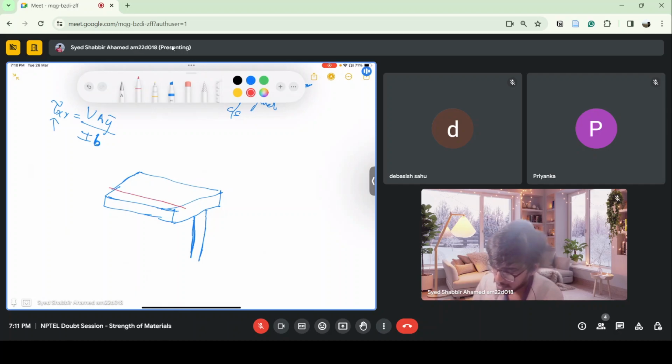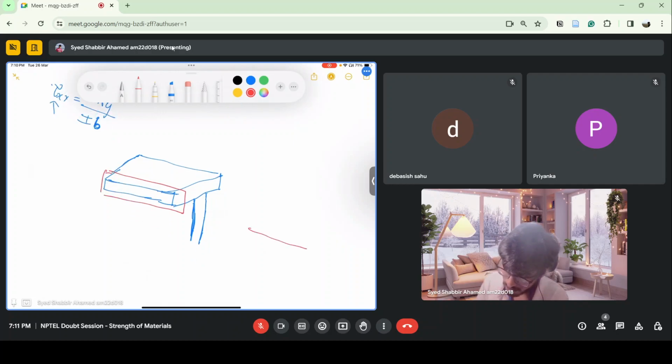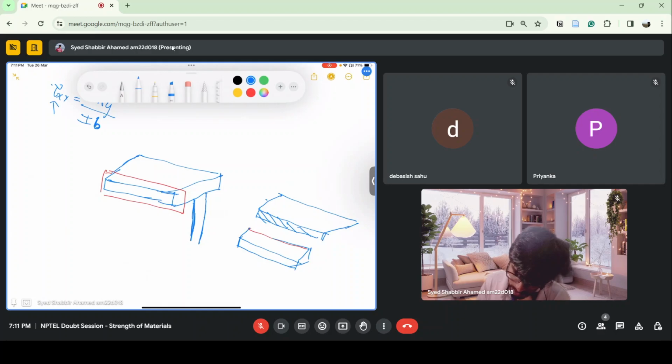So if I cut a section like this here, I'll have this part and I have the other part.